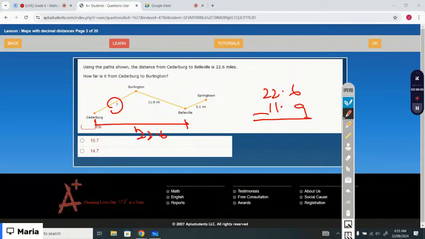So which is the correct option? Option number 1 or 2?